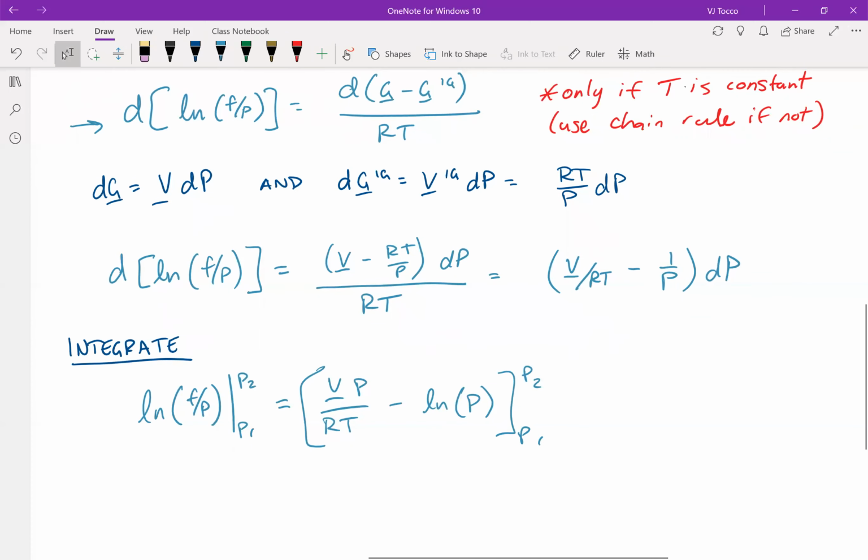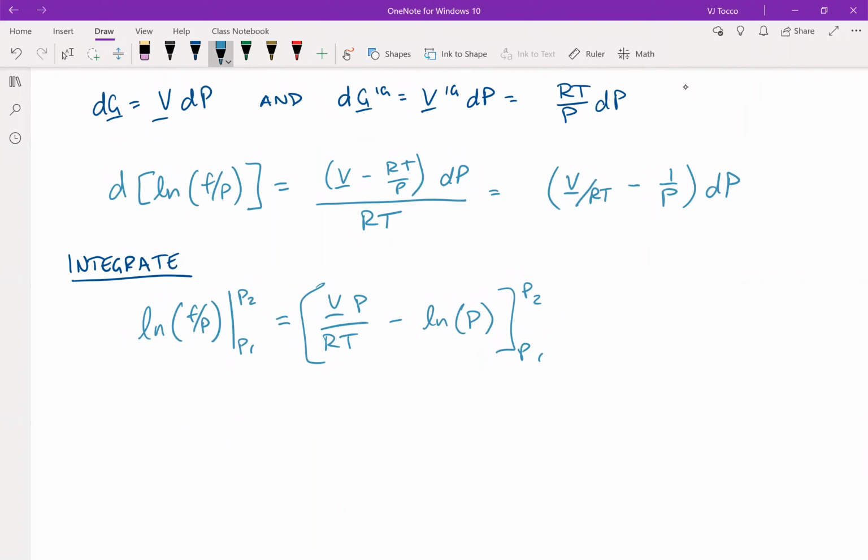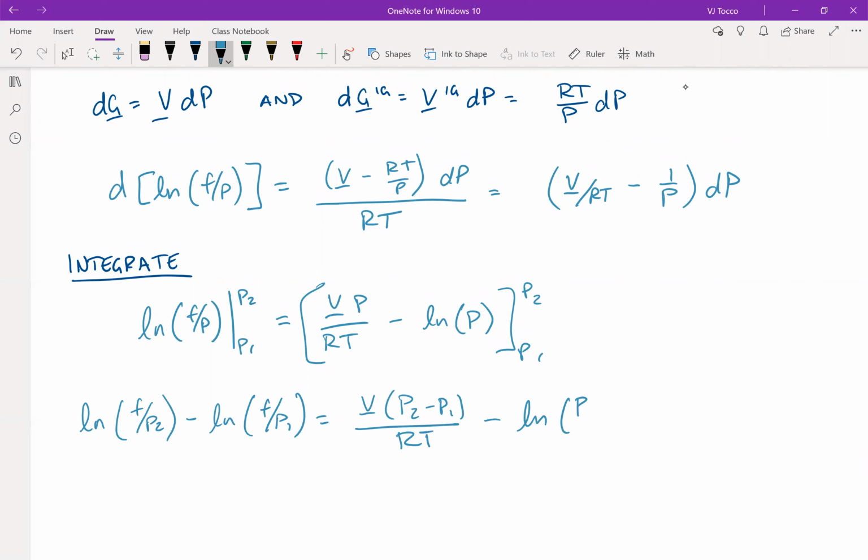Next I'll plug in the limits of integration. Everywhere where I have a P, I plug in P2, and then I subtract the value at P1. So applying these limits gets me ln of f over P2 minus ln of f over P1 equals V P2 minus P1 over RT minus ln P2 over P1.